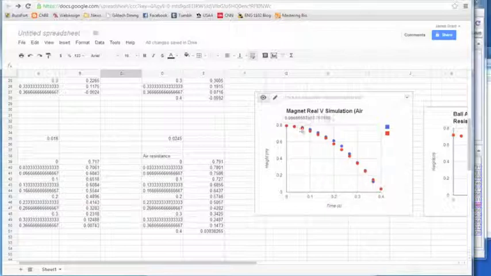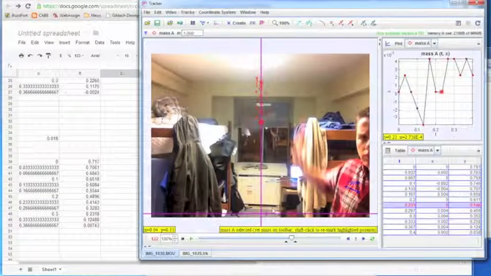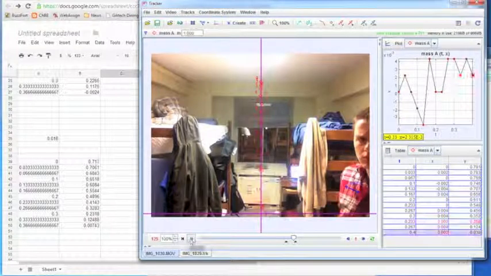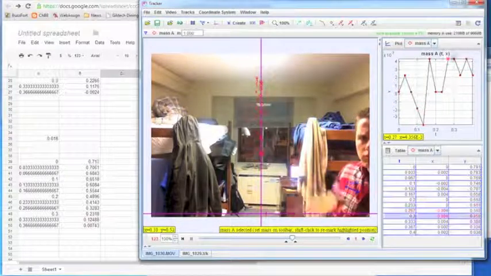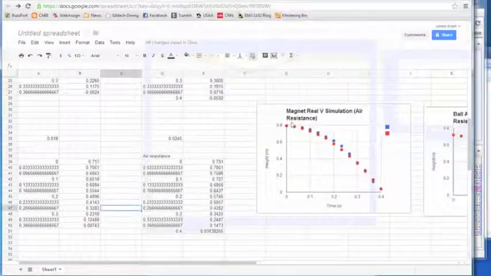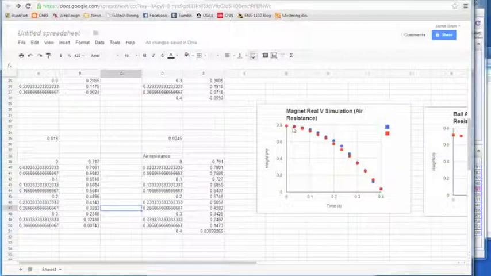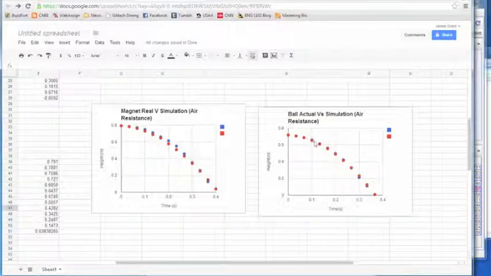And that's because if you look at the video again of the magnet, you'll see that it turns right when I drop it. So that decreases the air resistance here-ish.